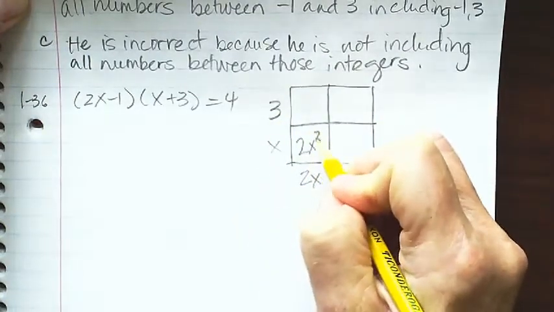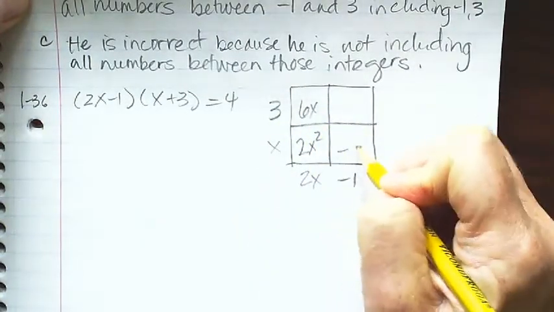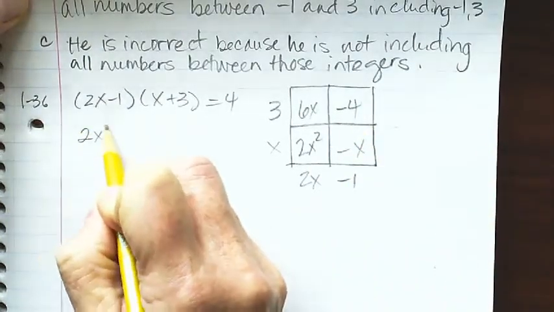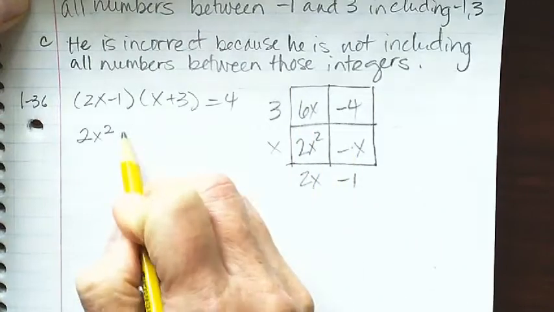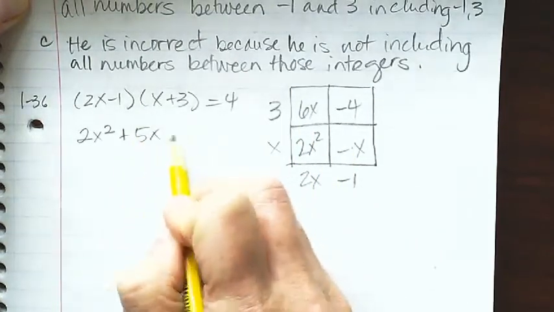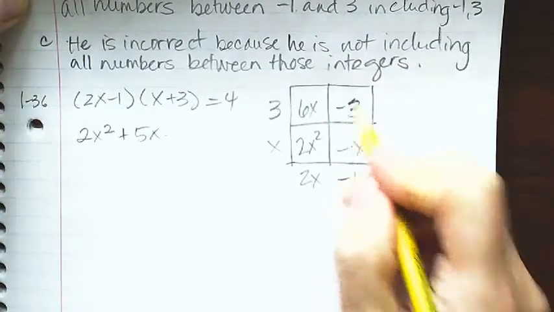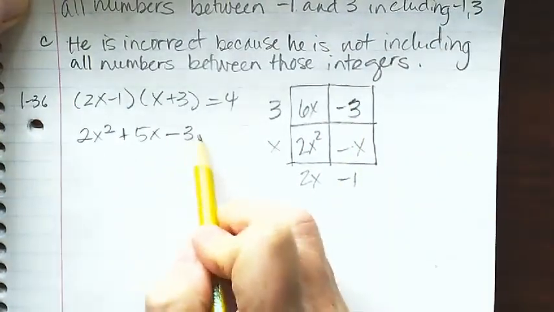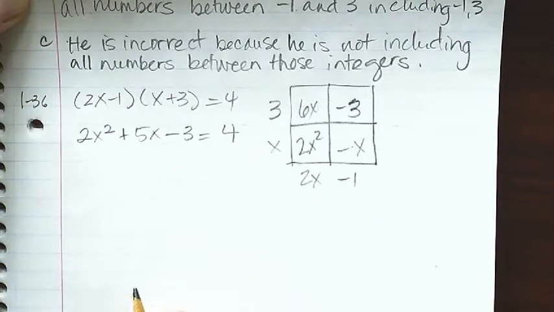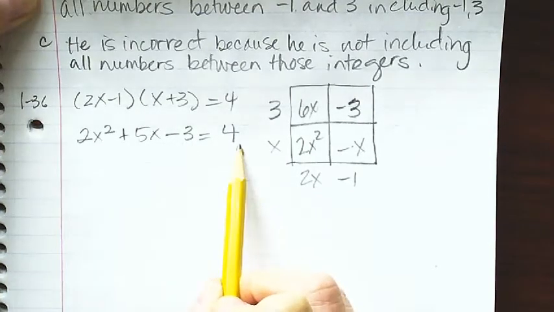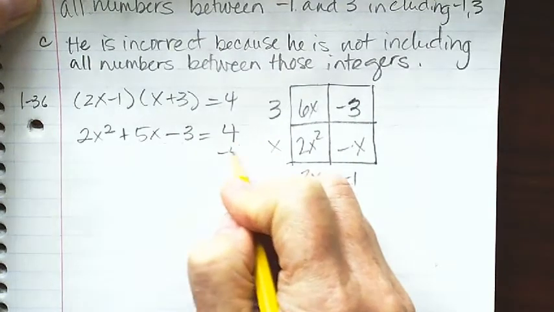It's going to give me 2x squared, combine like terms, plus 5x, minus 3 equals 4, and I'm just going to move this 4 over to the other side so that it is set equal to 0.